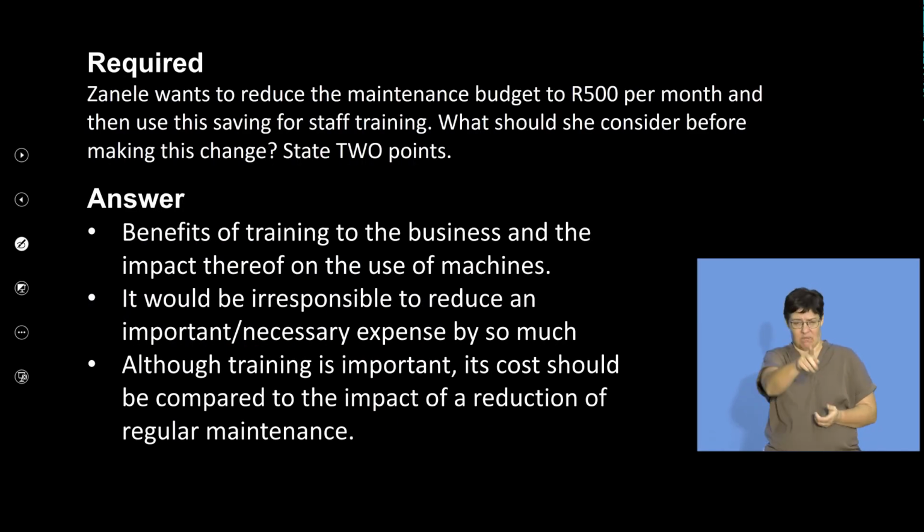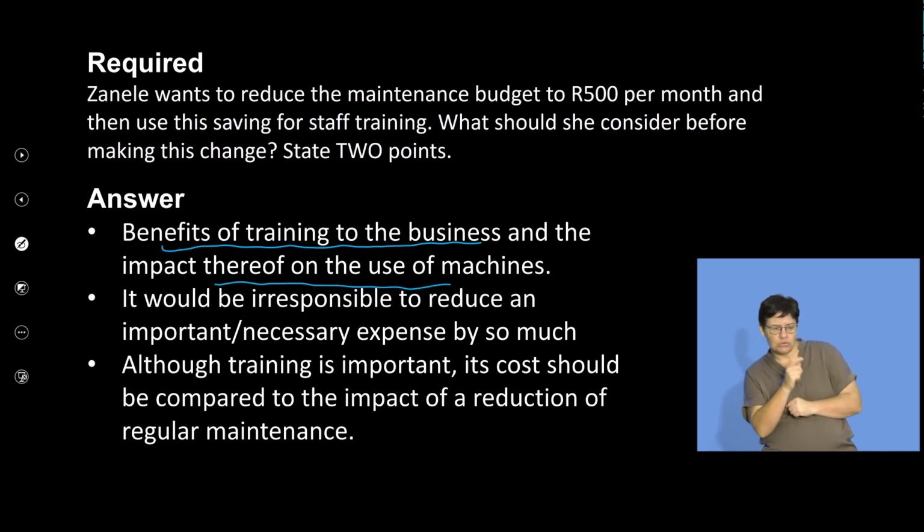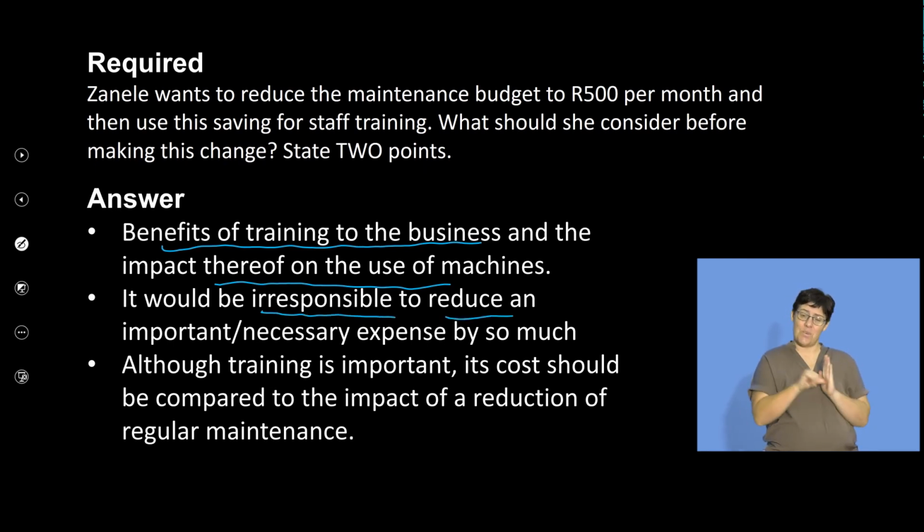Yes, we do know that there are definite benefits of training and also the impact thereof on the use of machines. It would be irresponsible to reduce an important and a necessary expense by so much, right? She's budgeted 5,000.